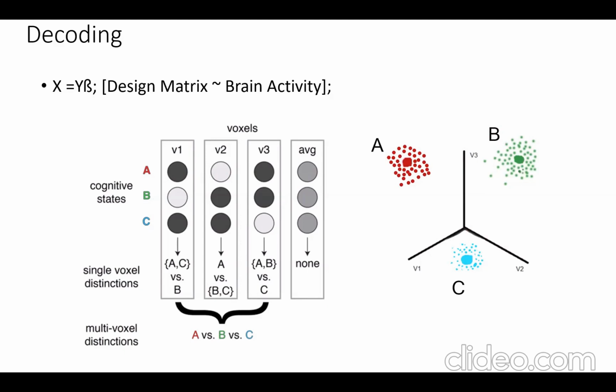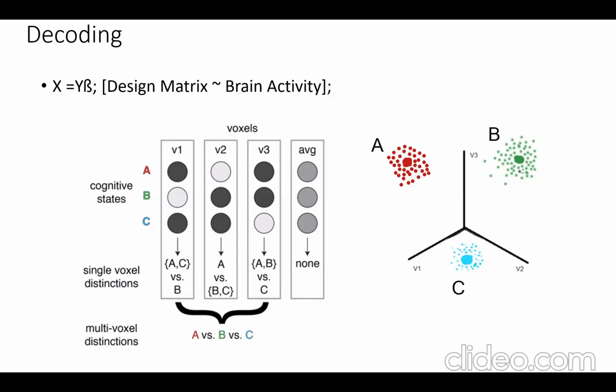So basically, the main difference between encoding and decoding models is the direction of the mapping that we are doing. We might be predicting brain activity from the design matrix in encoding models, but in decoding, we predict the design matrix from the brain activity.